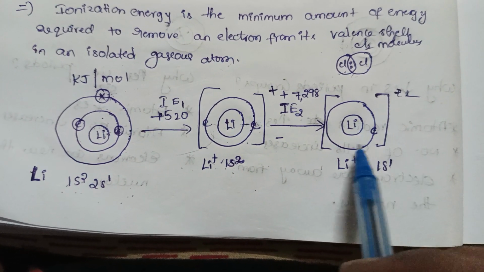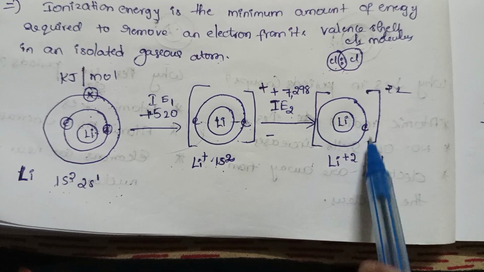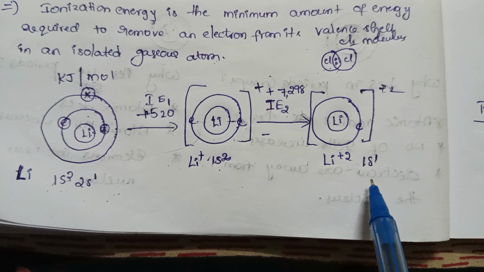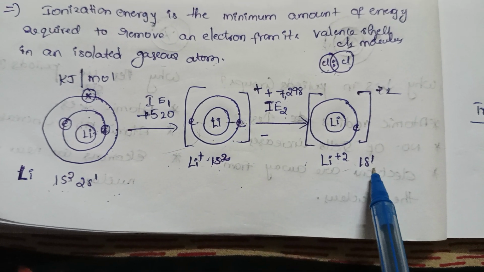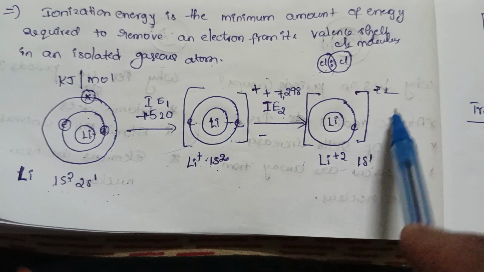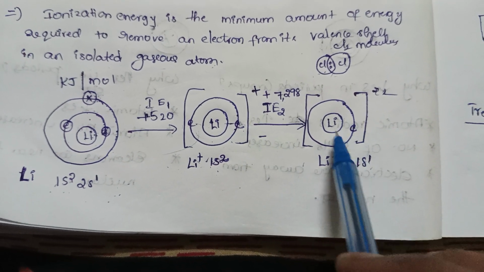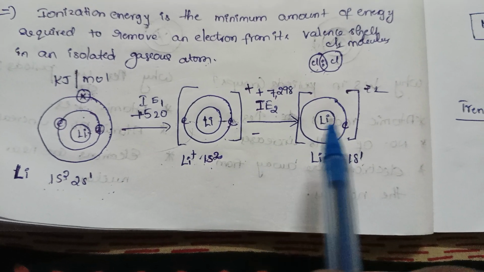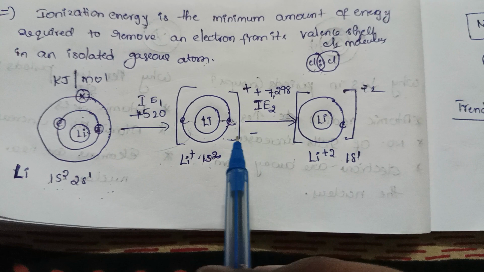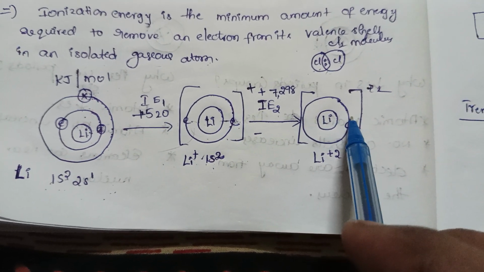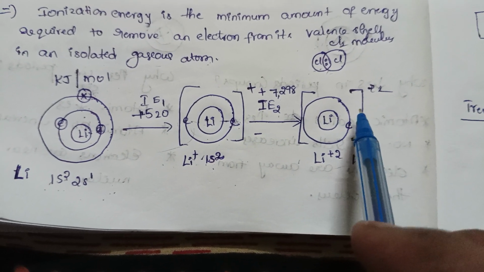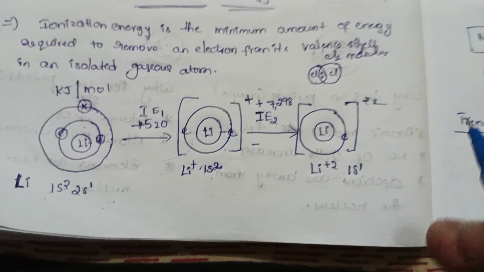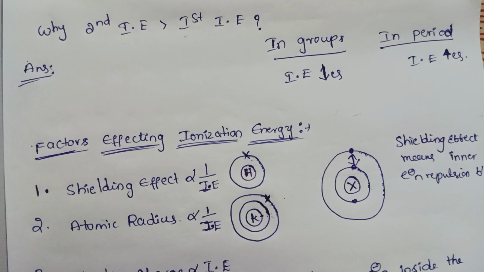Coming to second ionization energy of lithium, the number of protons is 3 and the number of electrons is 1. As the number of electrons decreases, the attraction between electrons and protons increases, so the second ionization energy of any atom is higher than the first ionization energy.